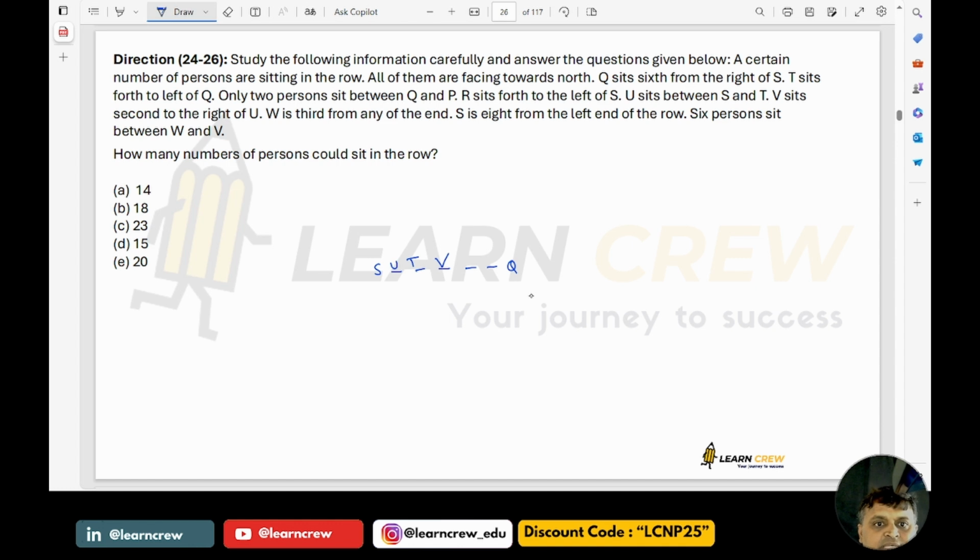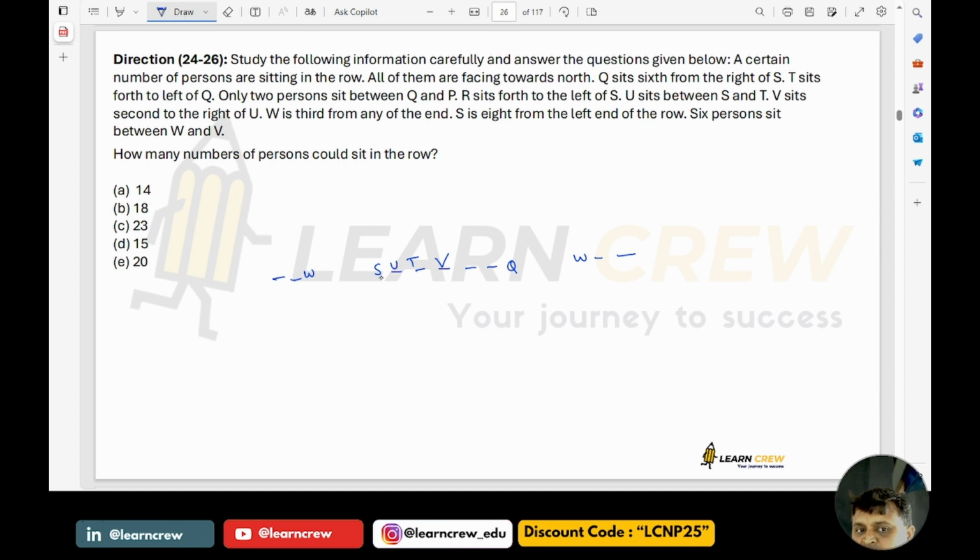W is third from any of the ends. Let us say W is third from one end. S is 8th from the left end.